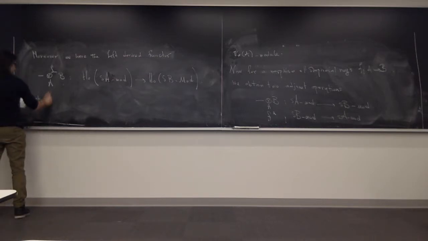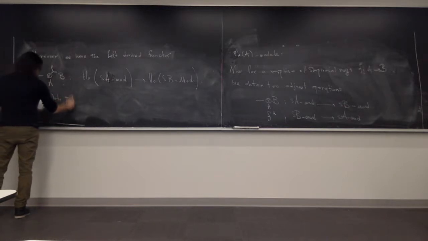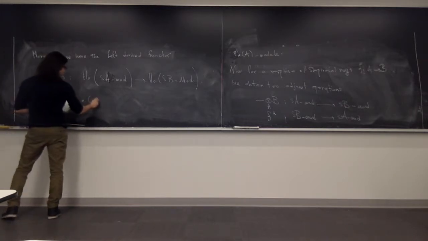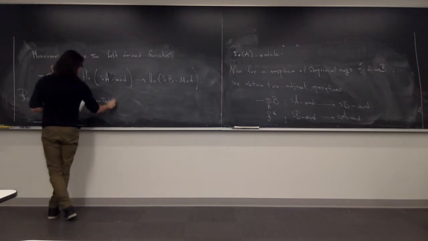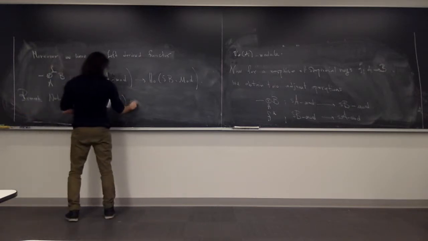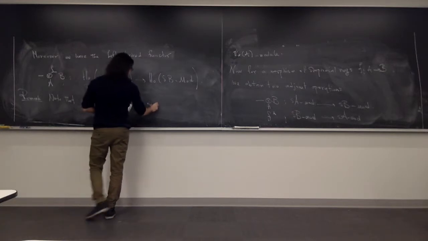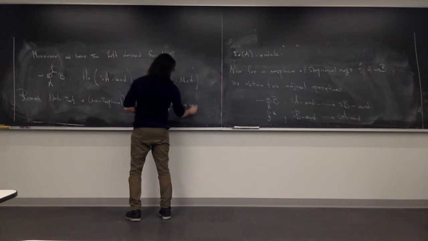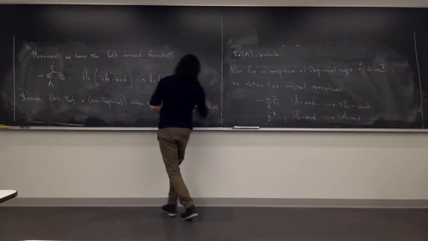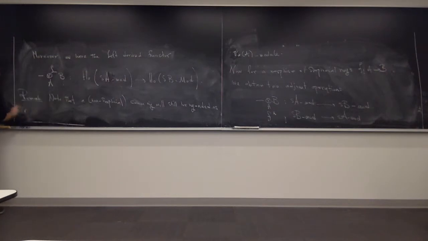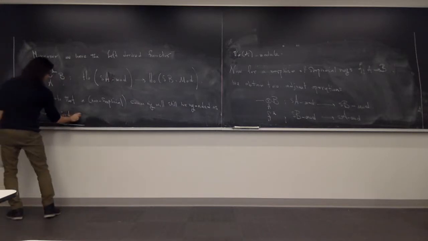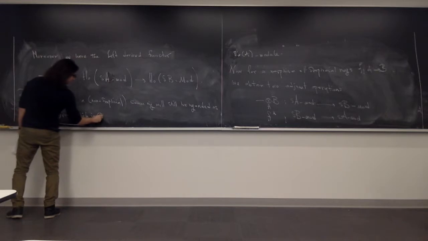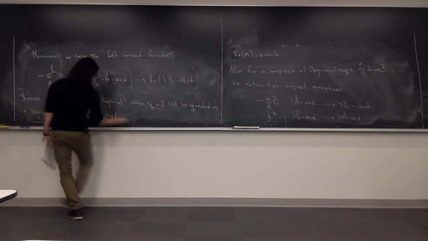So note that, this we discussed last time, a non-simplicial commutative ring will still be regarded as a simplicial object, which is constant in the simplicial direction.